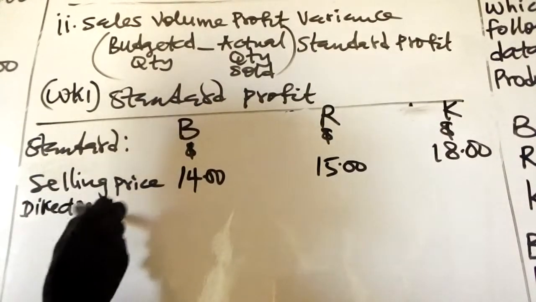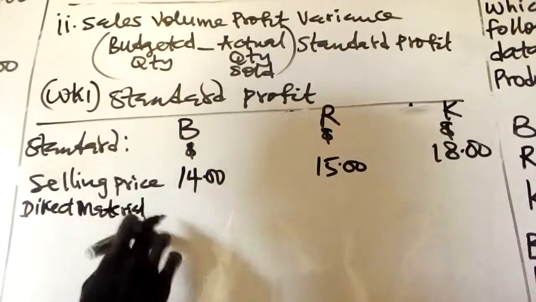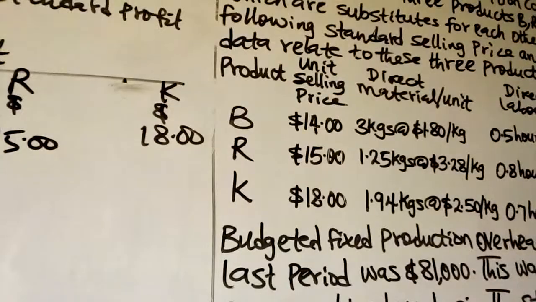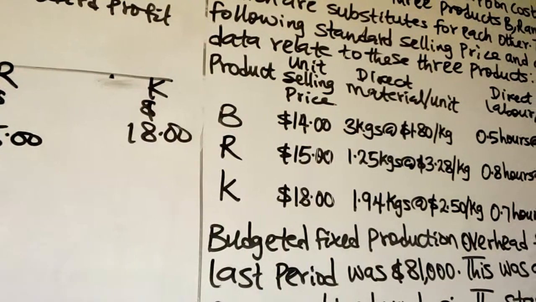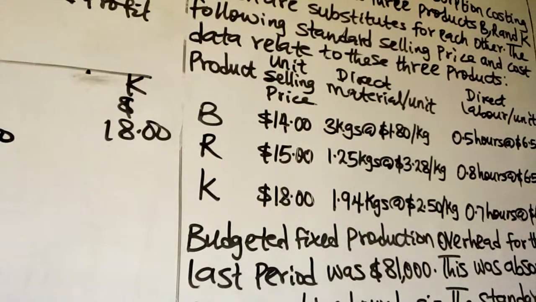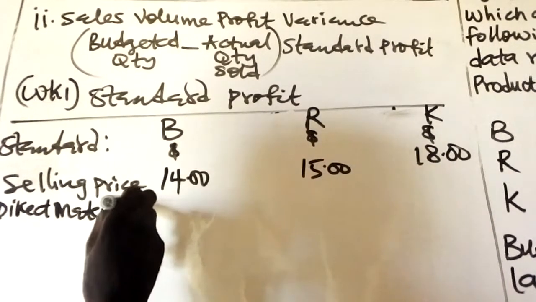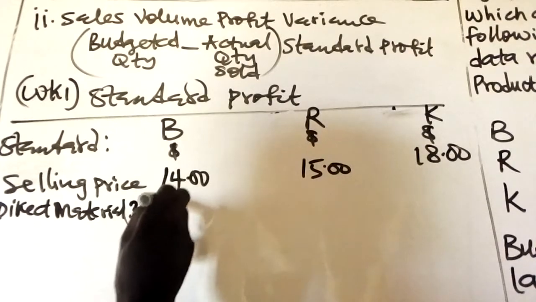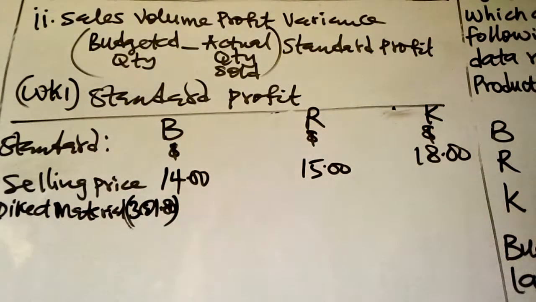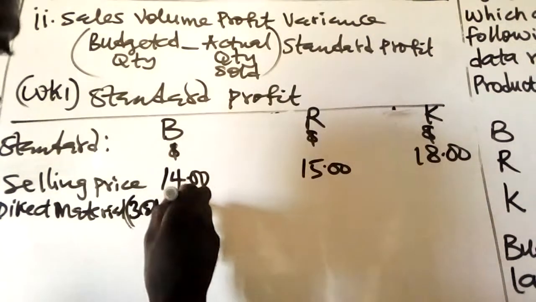For B, the direct material cost is 3 kgs at 1.80 per kg. So that is the direct material cost: 3 kg at $1.8 per kg. So 3 times 1.8 gives us 5.40.